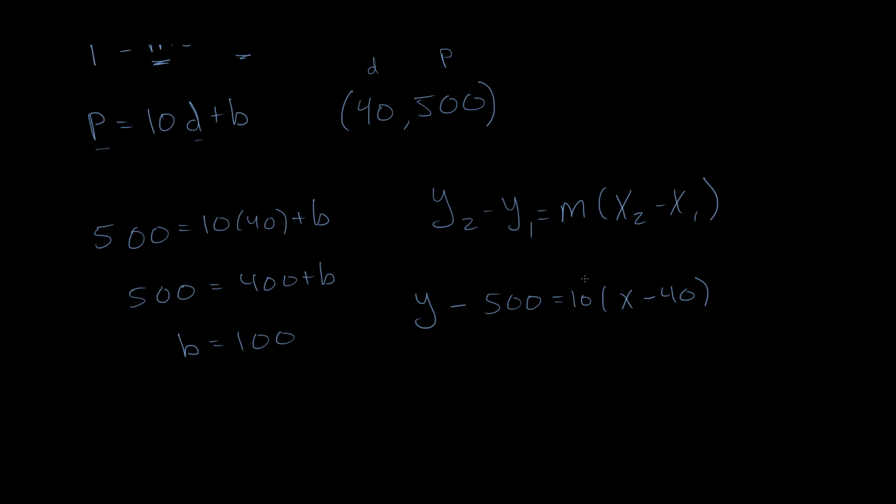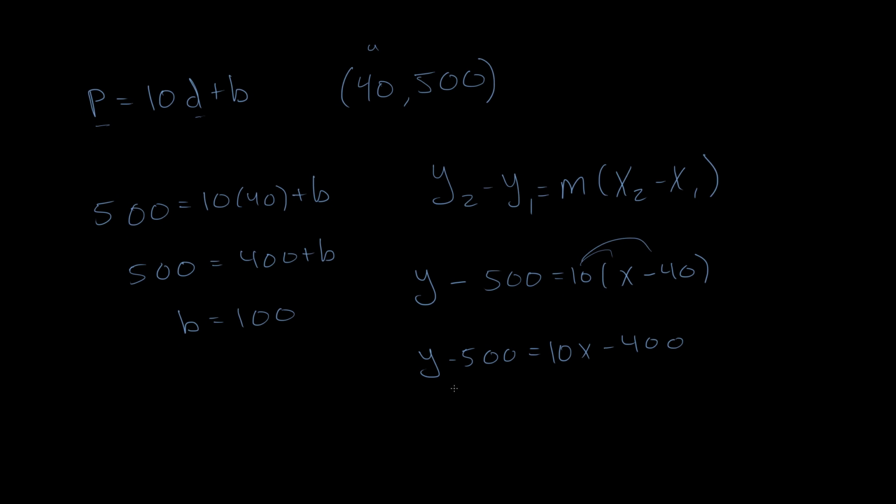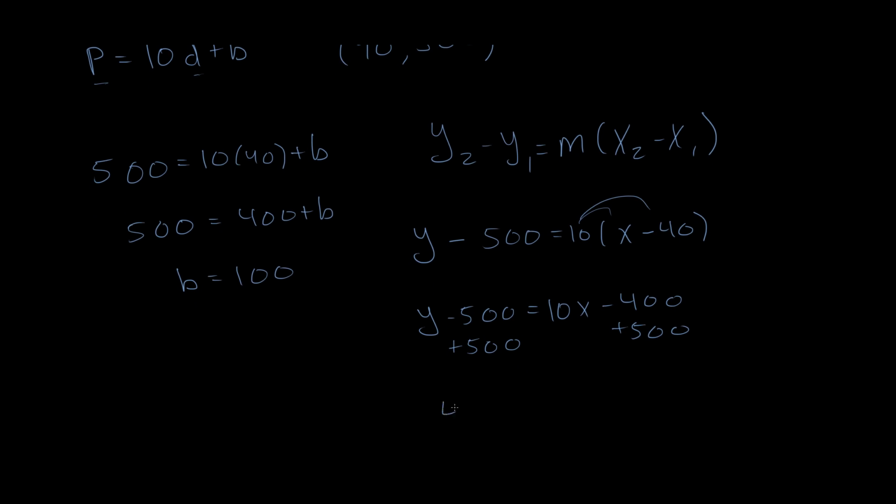Now, I'm going to distribute this. I'm going to get y minus 500 is equal to 10x minus 400, sorry. And now what I'm going to do is I'm just going to add 500 to both sides. And I'm going to, once again, get y equals 10x plus 100.